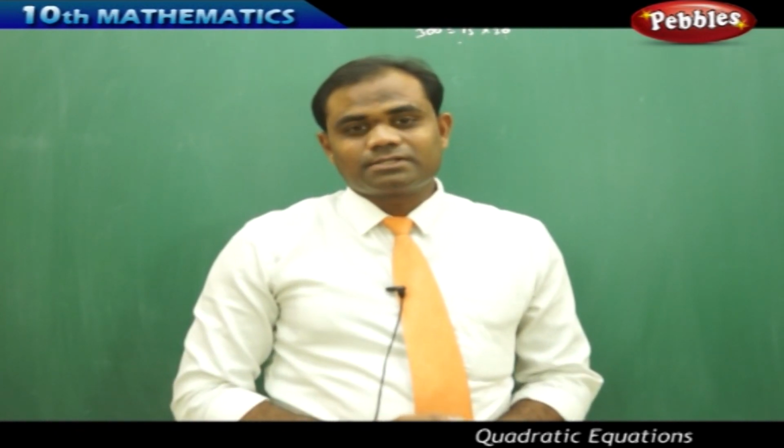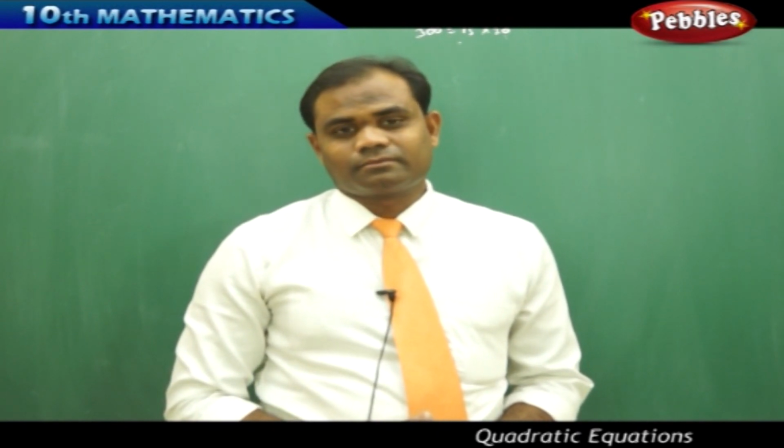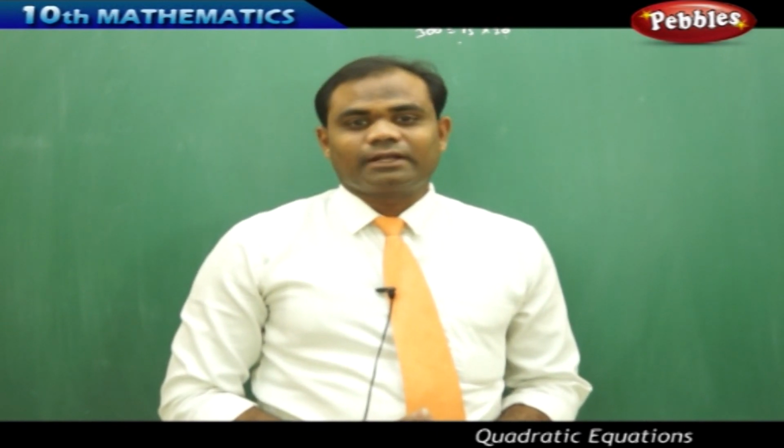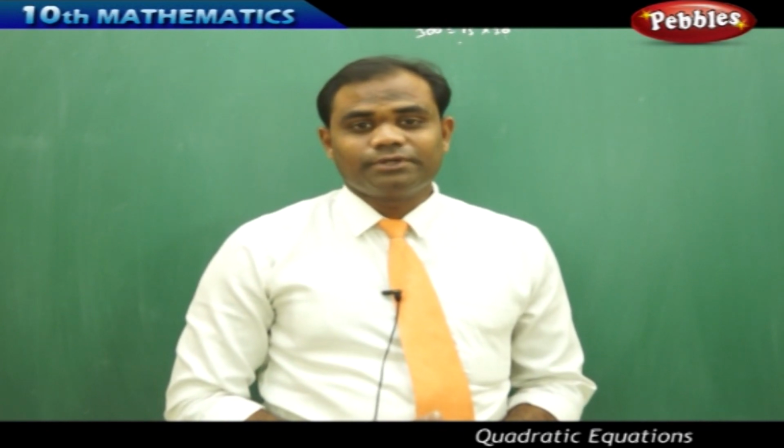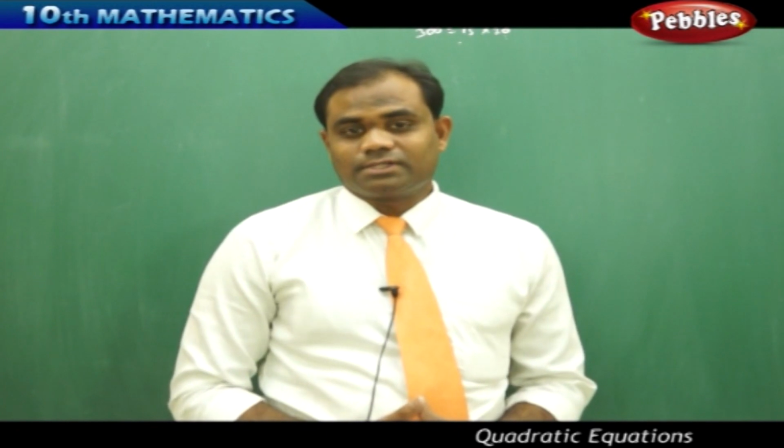So there are various methods of factorizing the given quadratic equation. So how do we find the factors of a given quadratic equation? What are the different methods is what we are going to discuss.